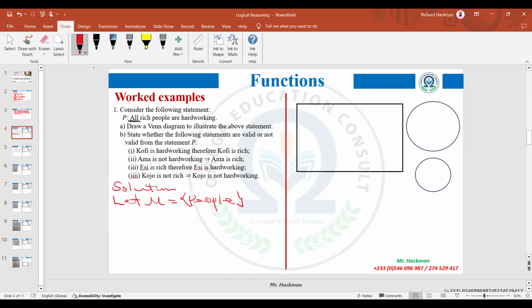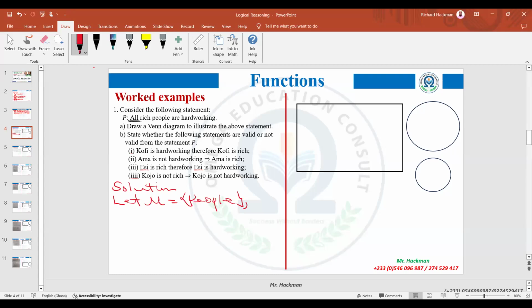Is that clear? So that will be our universal set. Out of the set of people, we have rich people and hardworking people. It's better to write row-wise than column-wise, especially in relative math, because you want to conserve space. So I will come down because I know it won't fit there.